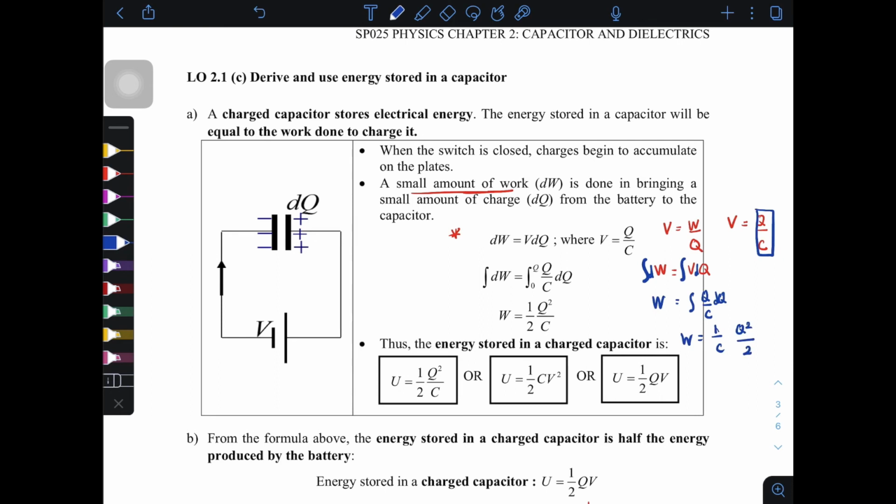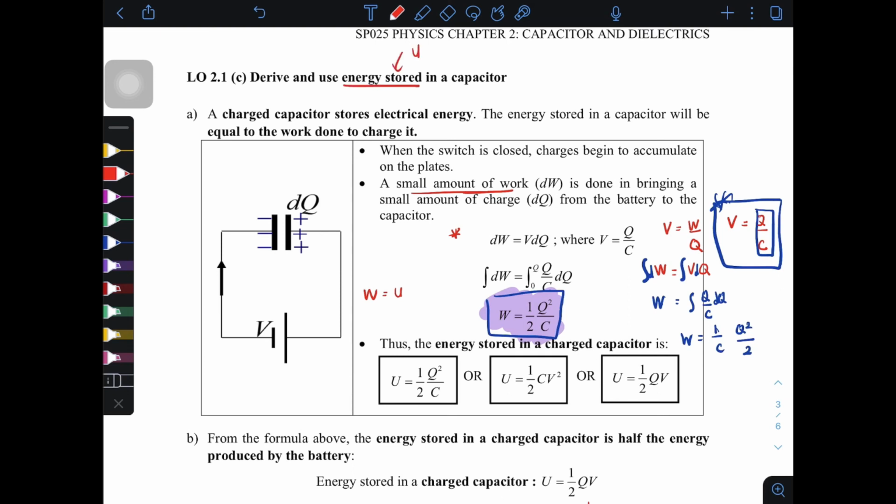Okay, so ini ialah work done. Kita dapat this equation. And equation ini kita boleh susun menggunakan this one. So, kita akan dapat work done is equals to half Q square over C. Then, from work energy theorem, W is also equals to U, which is energy stored. Untuk kes kita hari ini, U is the energy stored.